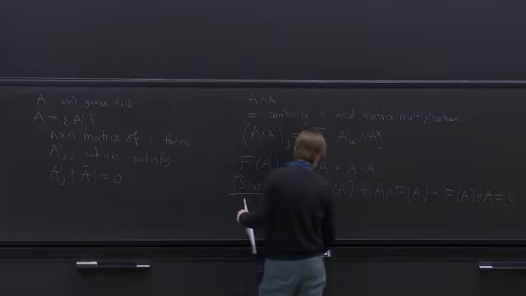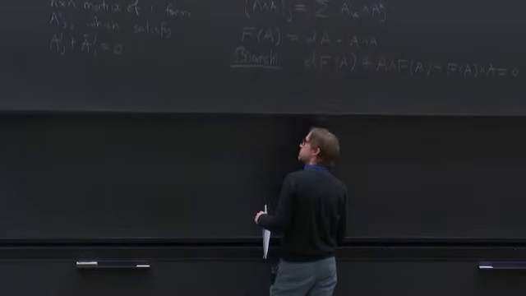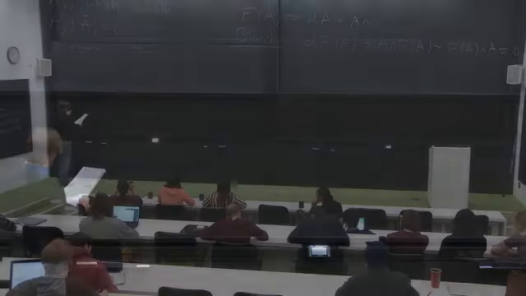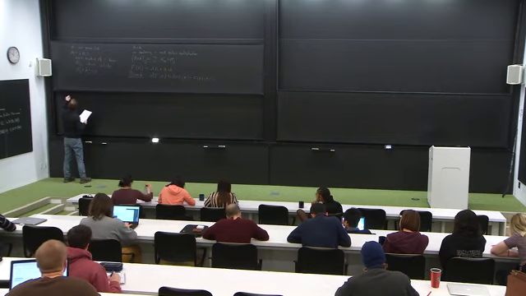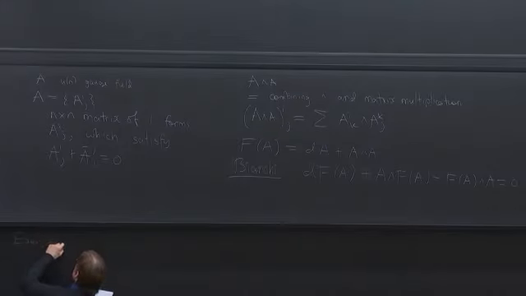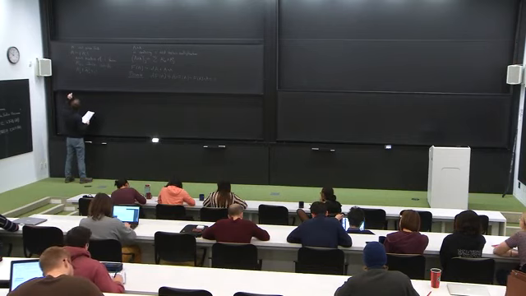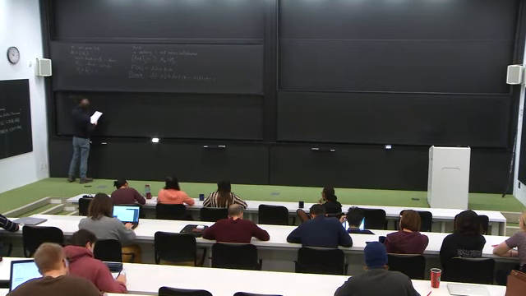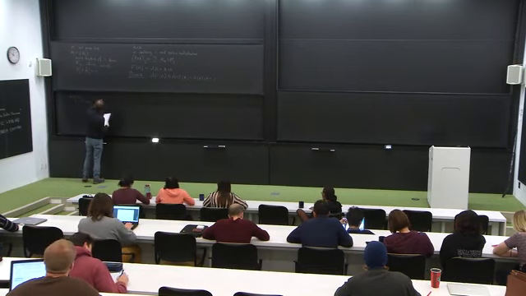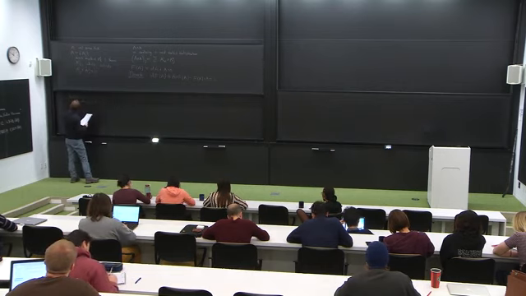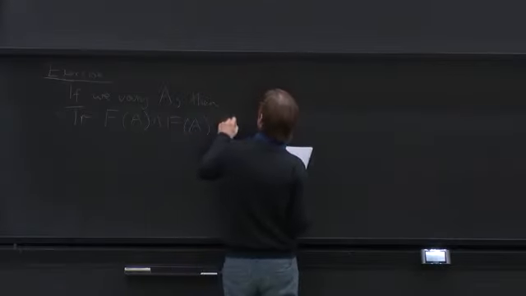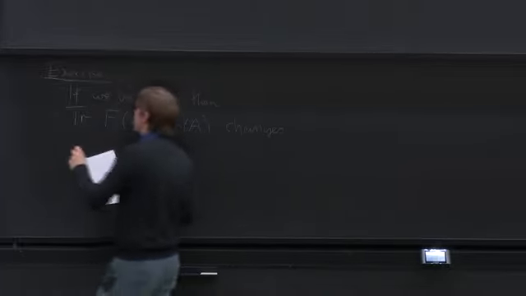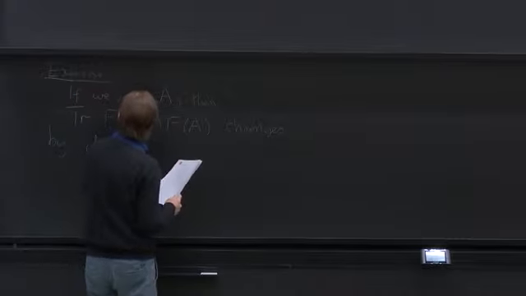I also asked you to check in the tutorial this afternoon, as an exercise, that if we vary A, then the trace of F(A) wedge F(A) changes by d of a 3-form.